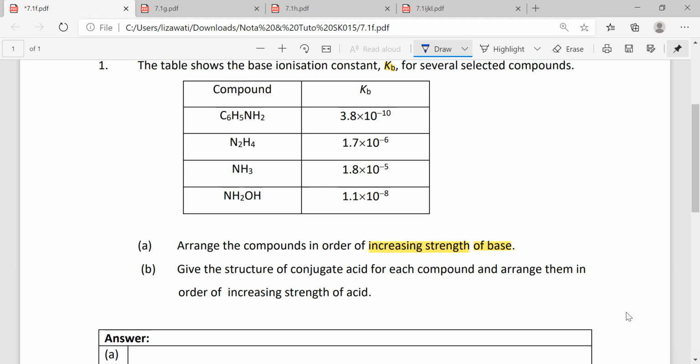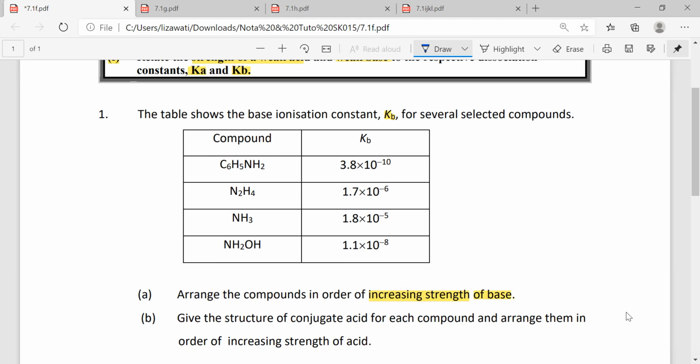So how to solve this problem? We have to relate back to the weak base dissociation equation. Let's say B stands for the weak base, dissociating in water. Since this is a weak base, it will dissociate partially, so you have to use a reversible arrow.